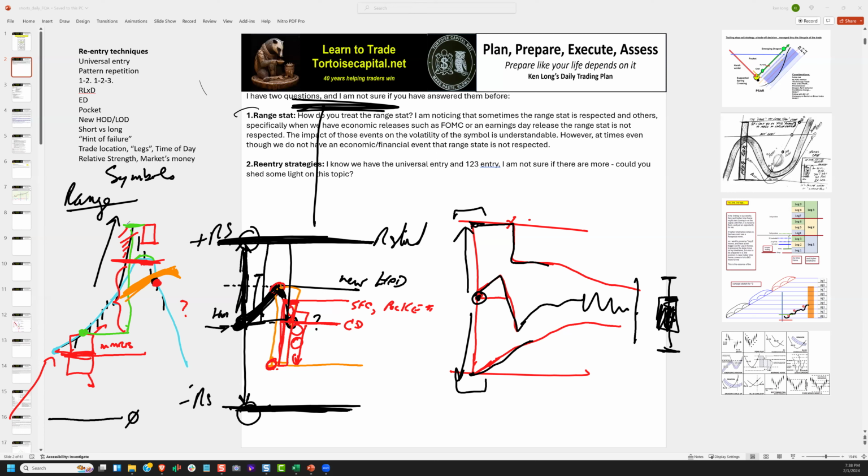What I have to do is go to the top price of the day and then hang the range stat down from there, because the range stat is computed from actual price data, not from the RL10. So we want to know where the statistically significant turning point is, and that's where the RL10 peaks and then drops.